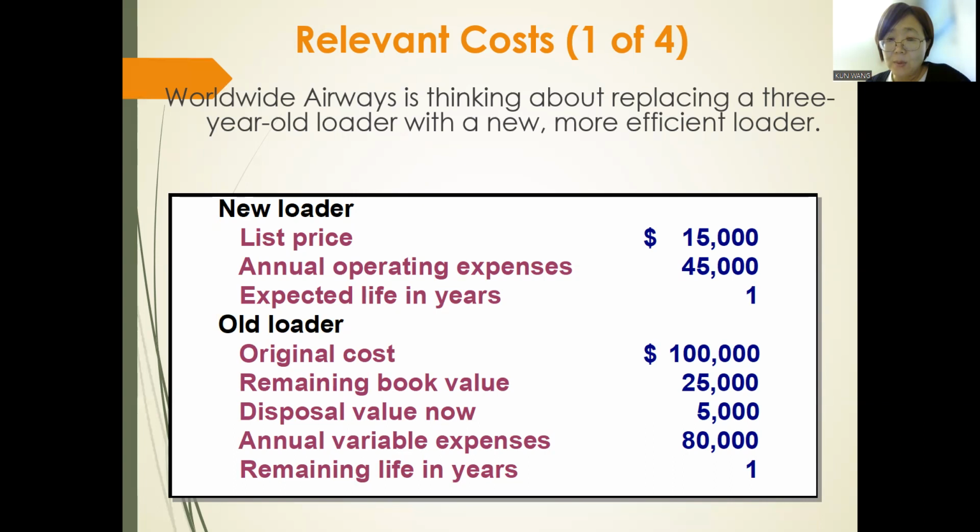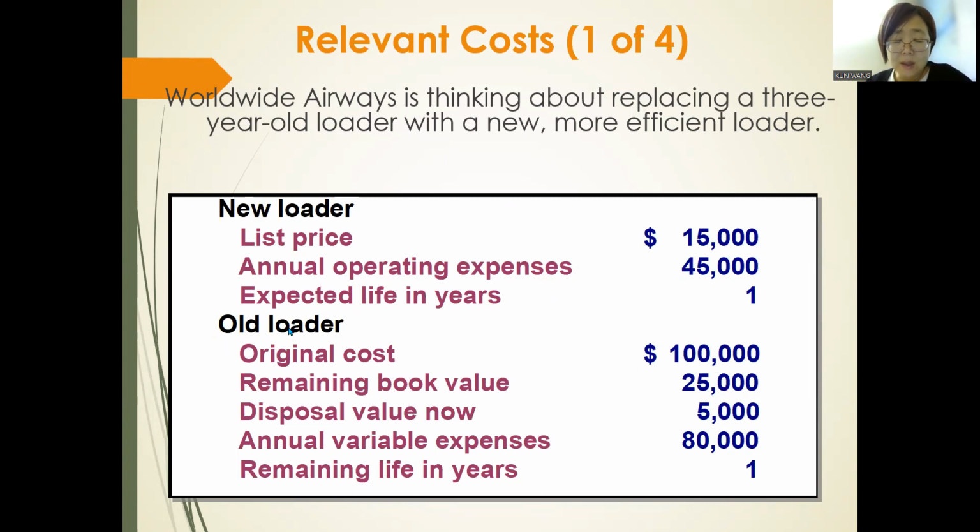But if you only have 1 year for the useful life, it's still a short-term decision. So we can ignore all of the time value of money concept. We just let you know that when the time horizon changes, the way we analyze the situation will be different. But now let's come back to this 1 year situation.